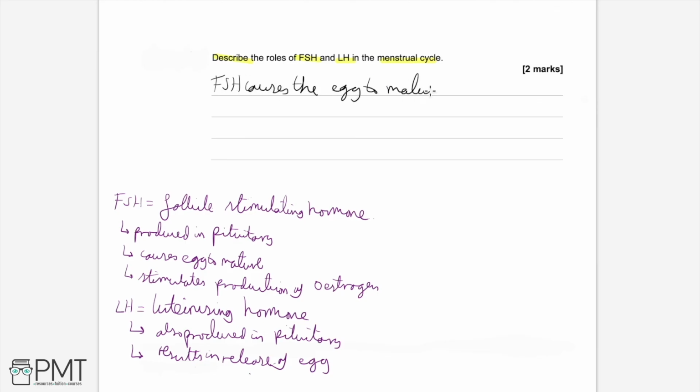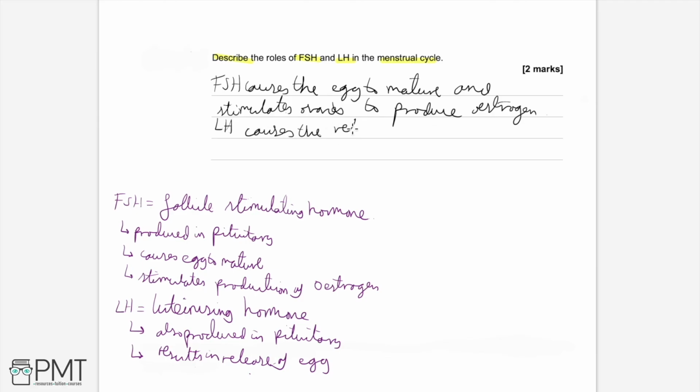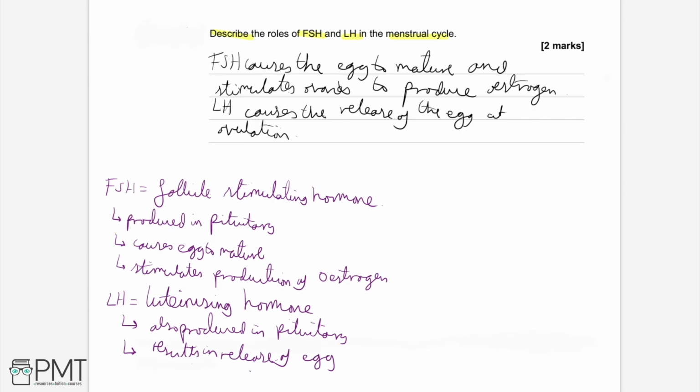First of all, FSH causes the egg to mature and stimulates the ovaries to produce estrogen. LH causes the release of egg at ovulation. Now, the marking in this question is 1 mark for each of these statements, as seen here with red ticks.